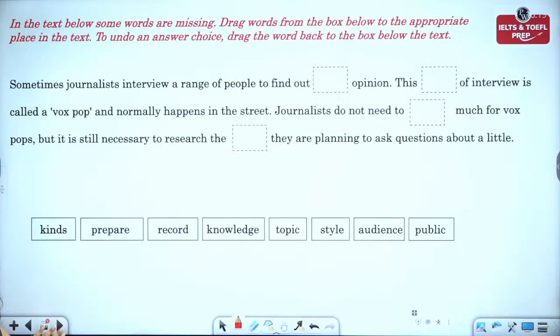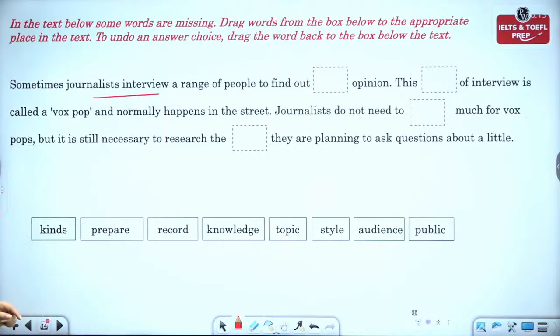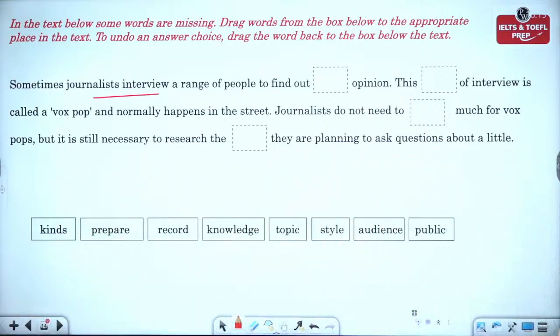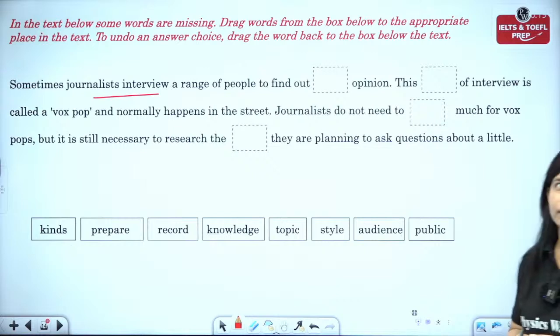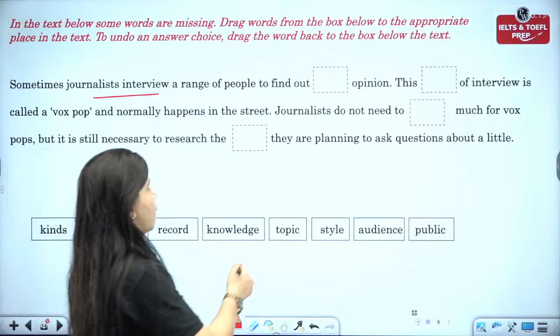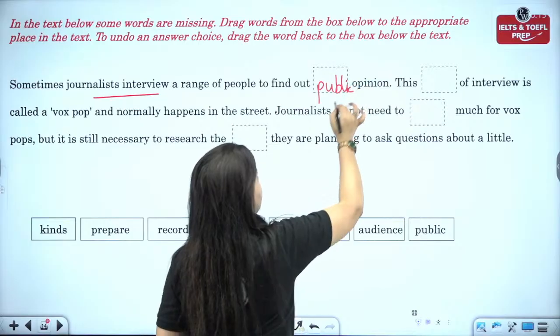And here you go. Now, the very first question over here says, sometimes journalists interview a range of people to find out dash opinion. To find out what opinion, guys? This is extremely simple. Let me see your responses in the chat box. Okay, so the right answer here is public opinion. Right.